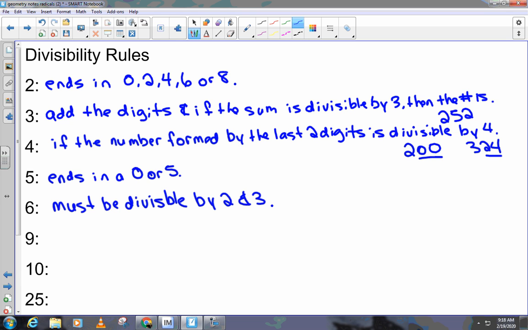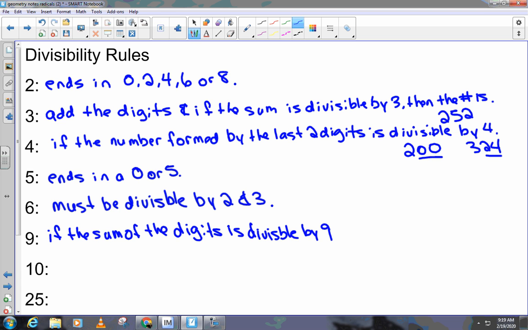True, but not everything that's divisible by 3 is divisible by 9. Like 3 is not divisible by 9, right? The rule is similar. It's the sum of the digits. If the sum of the digits is divisible by 9, then the number is. So again, we could use the number 252, because when you add those together, you get 9, and 9 goes into 9.